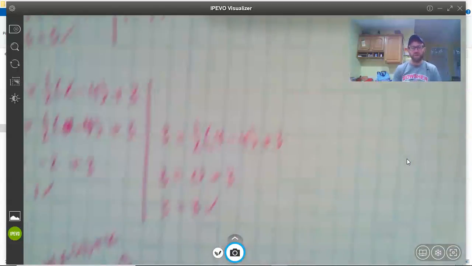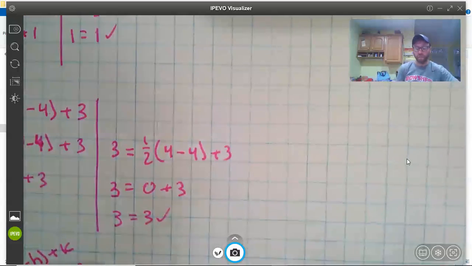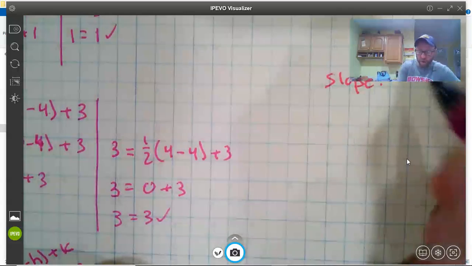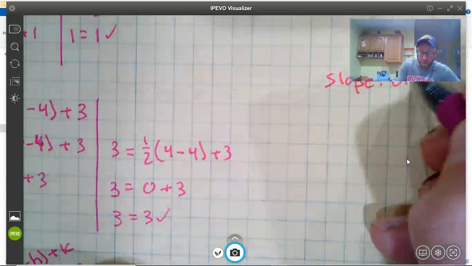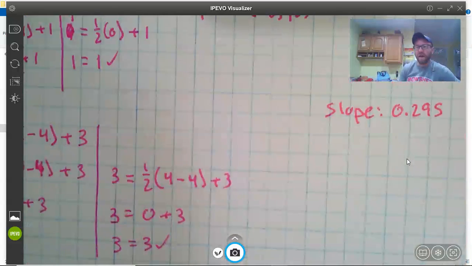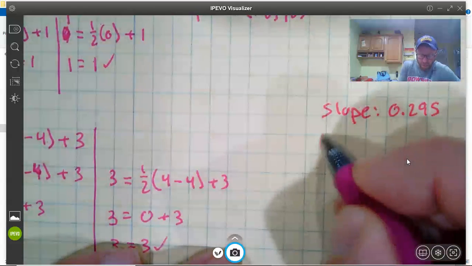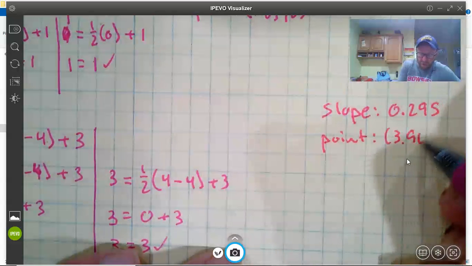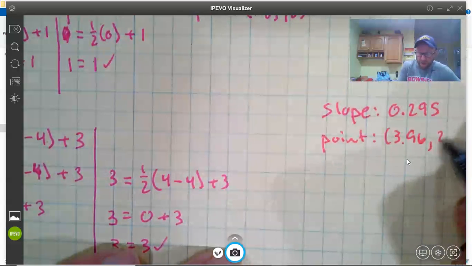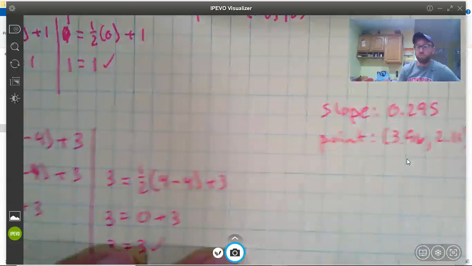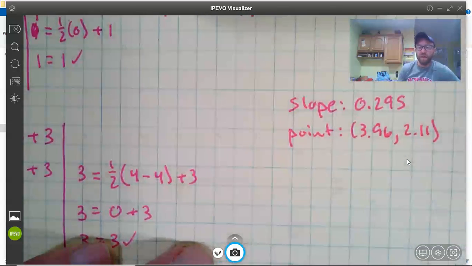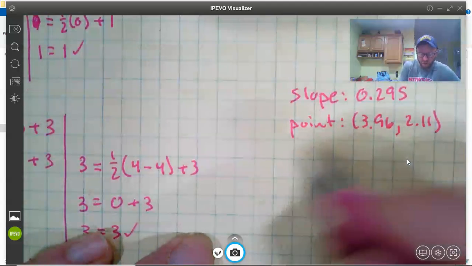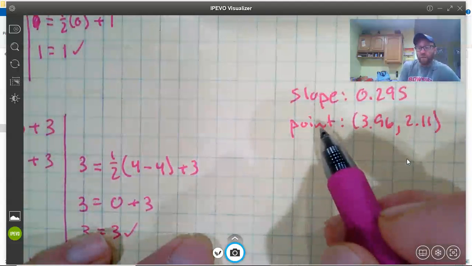So just to toss this out, say I had, I'm going to make this up off the top of my head, a slope of 0.295, and our point being 3.96 comma 2.11, right? Those are not exactly simple, pretty whole numbers. They're decimals. And I could write an equation for the line that has this slope and goes through this point.